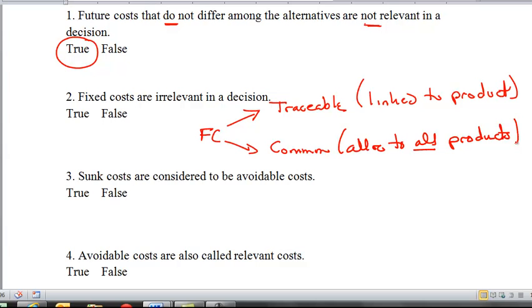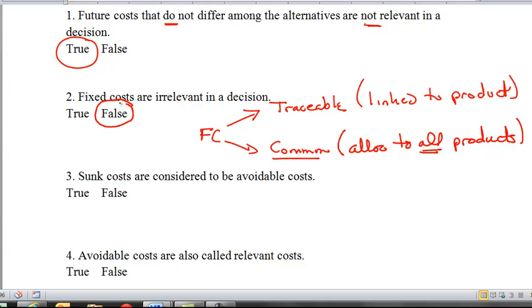So if you get rid of a product, the traceable cost will be eliminated, but the common cost will remain and will have to be distributed to the remaining products. So therefore this answer is false, since common costs will be different for alternative A or alternative B.